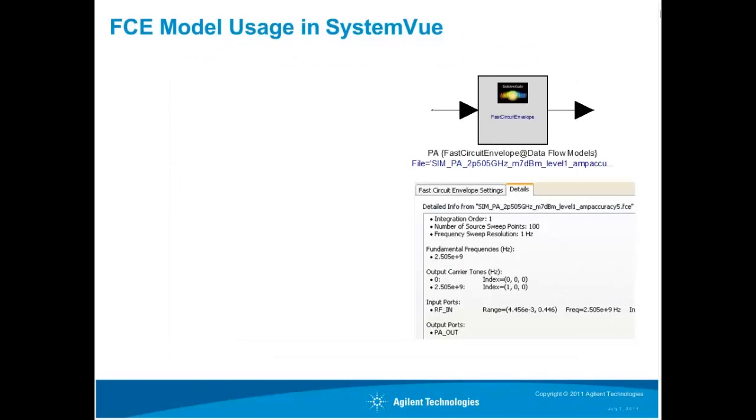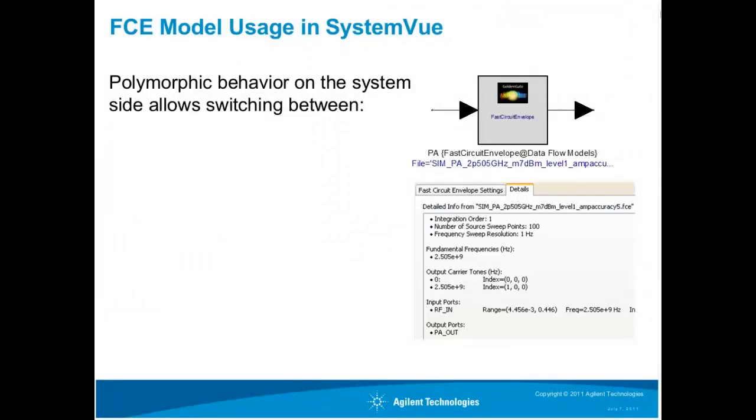Okay, so let's take a quick look at the SystemVue side. Basically in SystemVue you have a symbol. It's a polymorphic symbol, and it allows you to do a lot of things with your model. First of all, when you place an FCE model in SystemVue, you'll get a lot of details from the model.